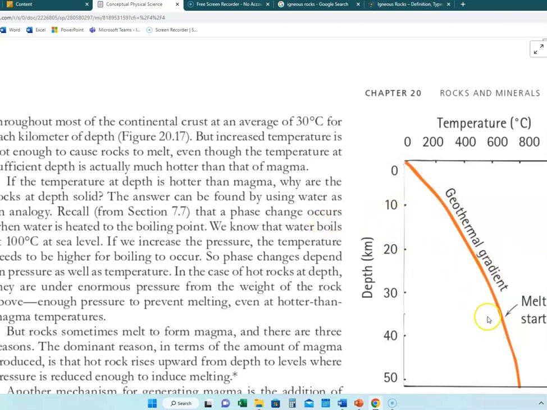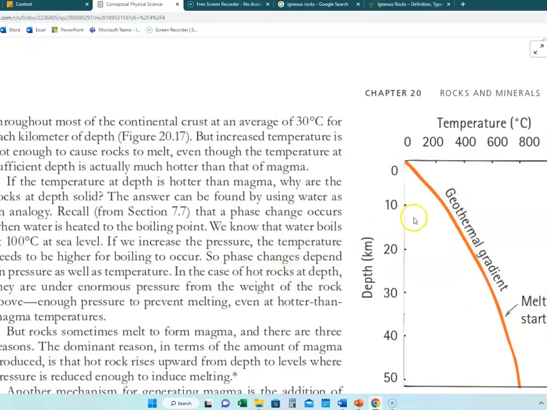But this picture over here shows you that it's not quite a straight line, but on average, the temperature increases by about 30 degrees Celsius per kilometer.